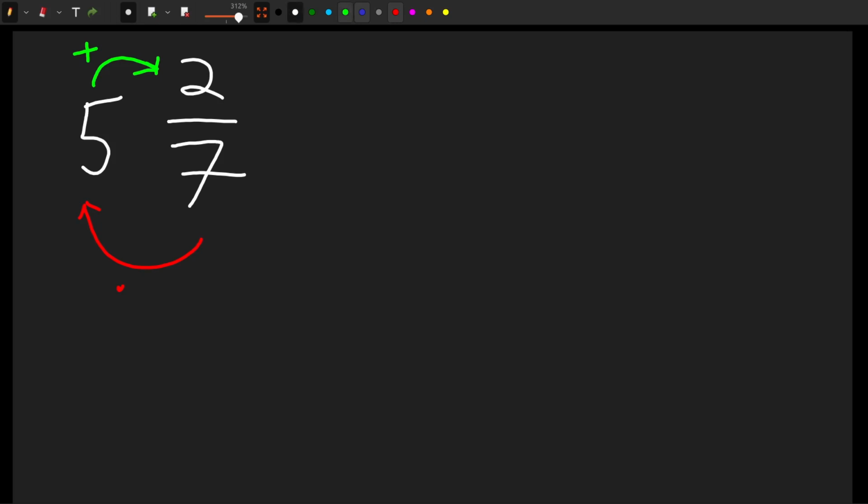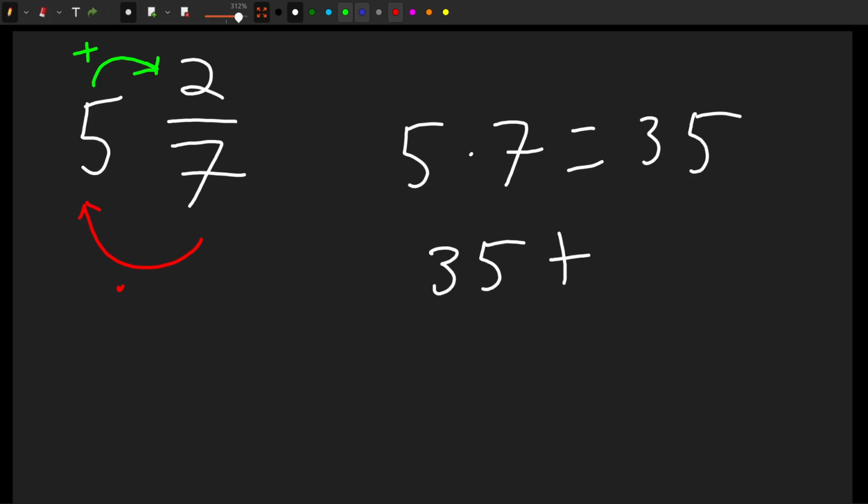So 5 times 7 is 35. I'm then going to take 35 and add the numerator. And I'm going to get 37. And then at the very end here, 37 is going to become my new numerator.